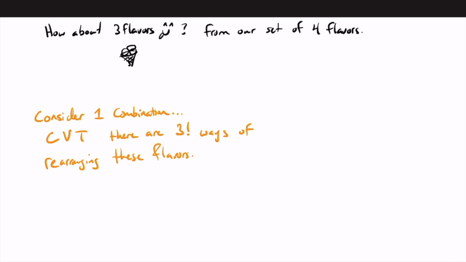And let's be clear, they're all the same combination. So we would have chocolate, vanilla, taro; chocolate, taro, vanilla; vanilla, taro, chocolate; vanilla, chocolate, taro; and taro needs to be first now, so taro, chocolate, vanilla; and then taro, vanilla, chocolate.